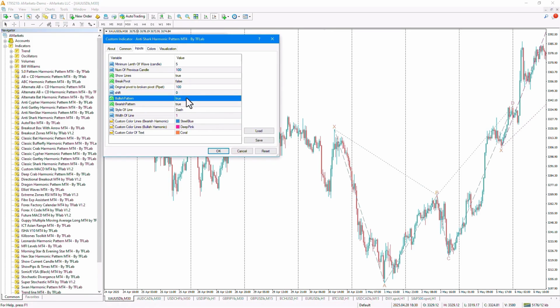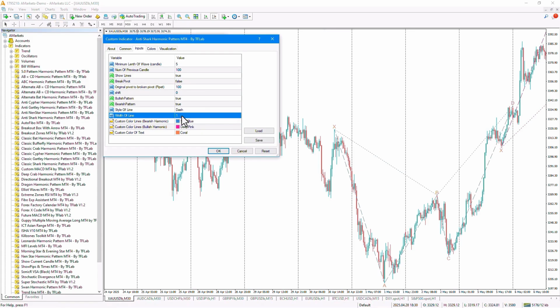In the next section, we can enable or disable the display of bullish and bearish harmonic patterns. In the following section, we can choose from 3 line drawing styles: solid, dash dot, and dash dot dot. In the next section, we can set the line thickness, which is set to 1 by default.